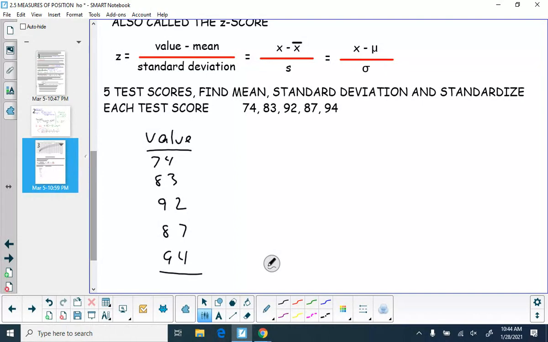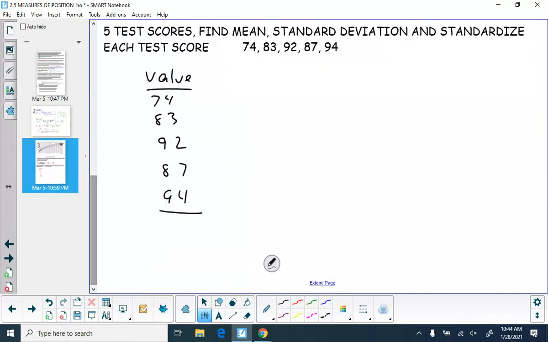So if we want to calculate the mean, we have to add these up and divide by 5. So we add them up, 74, 83, 92, 87, 94. We add them up, divide by 5.